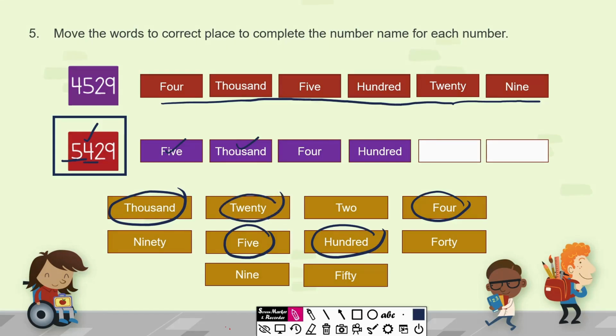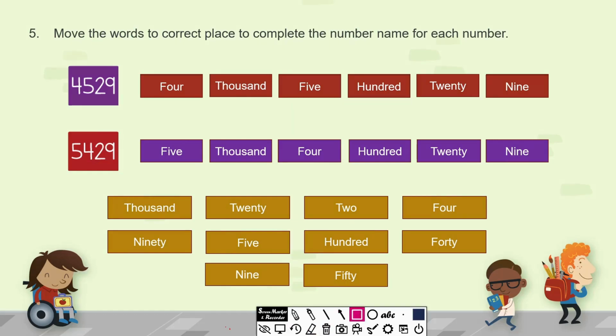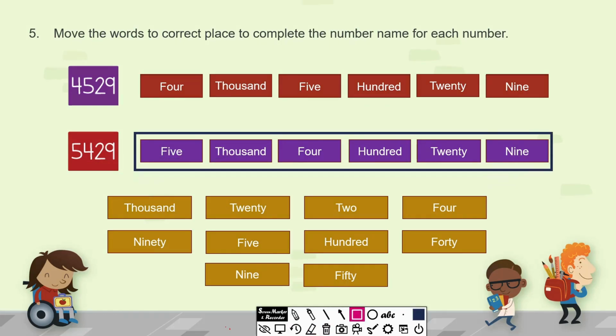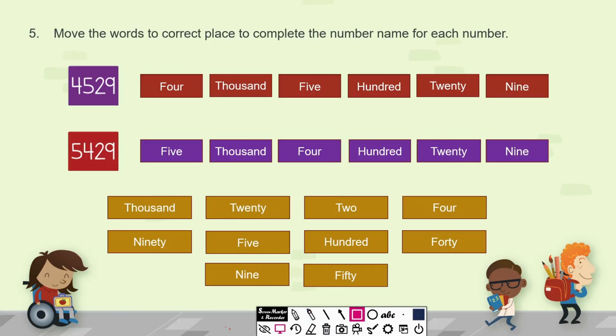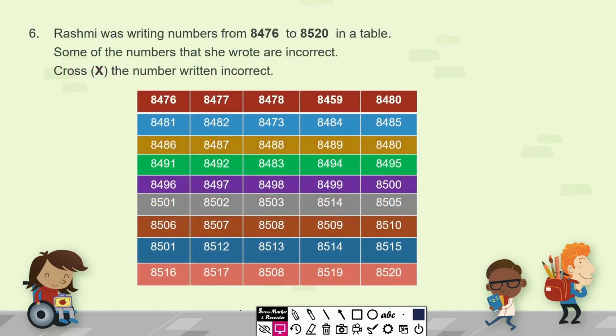This is 20 and this is 9. Let's place it. 29. So 5,429 is the correct number name. Okay? Very good.